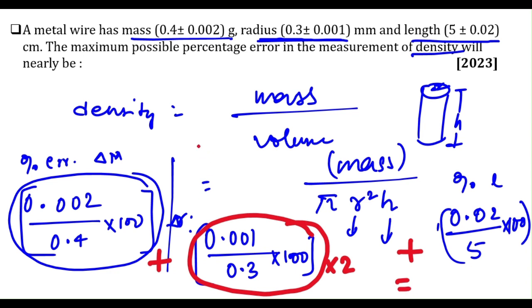You have to do it by yourself, and for your reference I'm just solving it somewhere else and writing the answer directly, and it will be 1.6%. You can calculate it, and then let me know through the comment section if it is coming this much or not. And if our answer varies, we can discuss it.